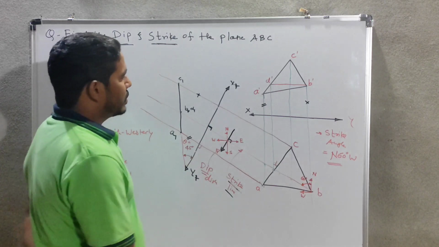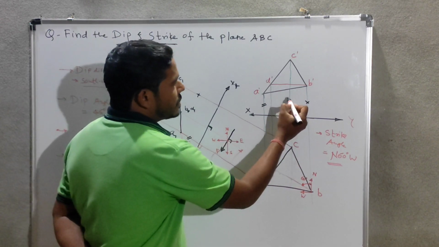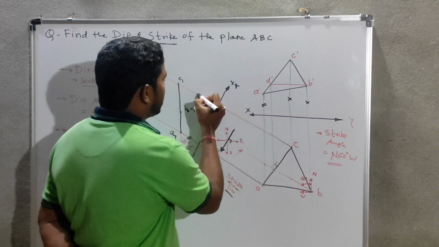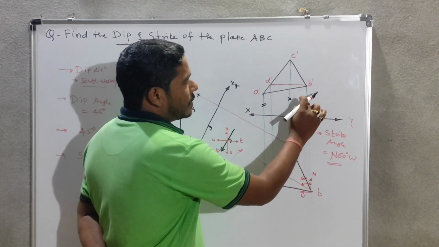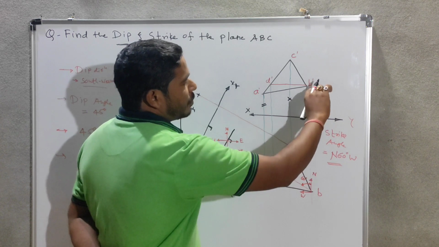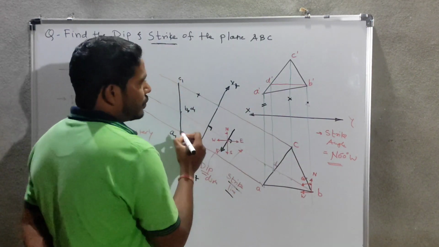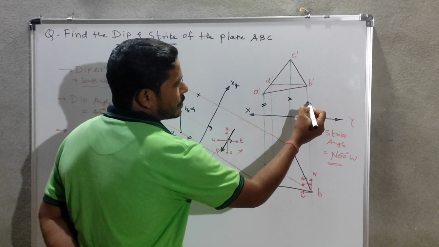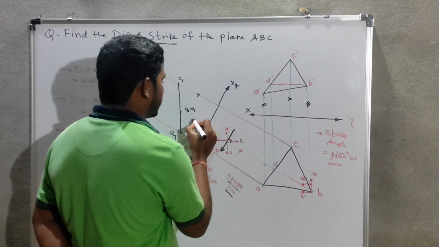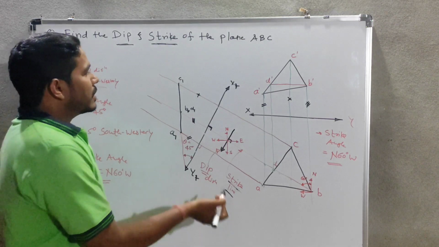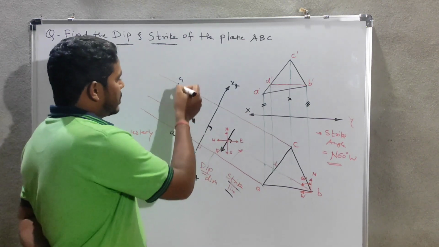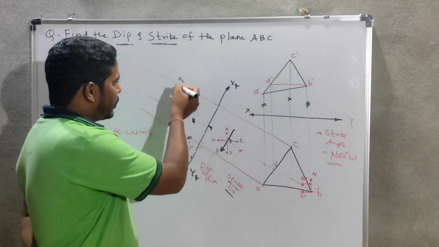Then we take the distance of the other point and mark it here, and this distance will be the same. After taking the distances, you will get all these points, and then you have to join them.